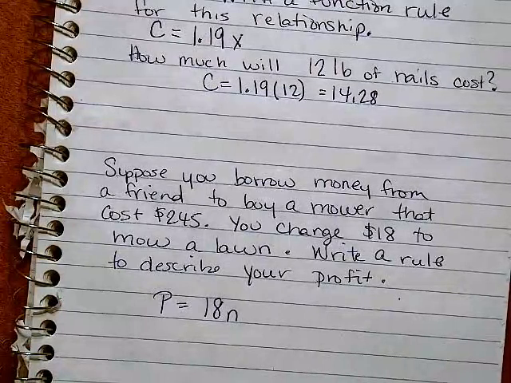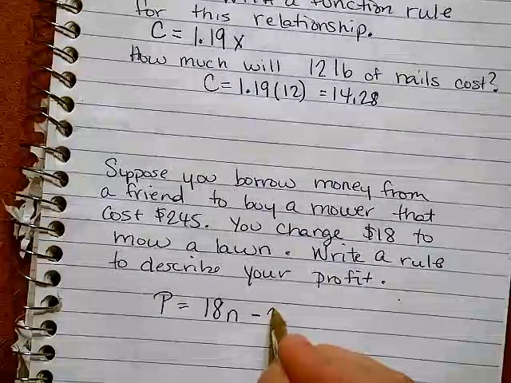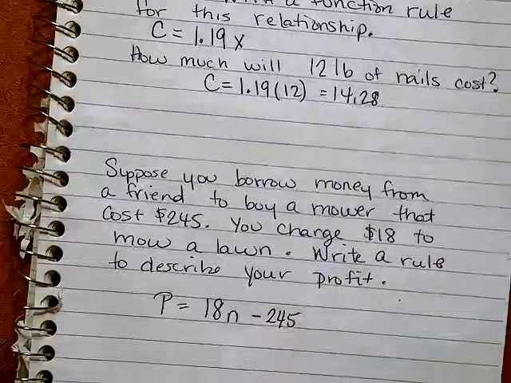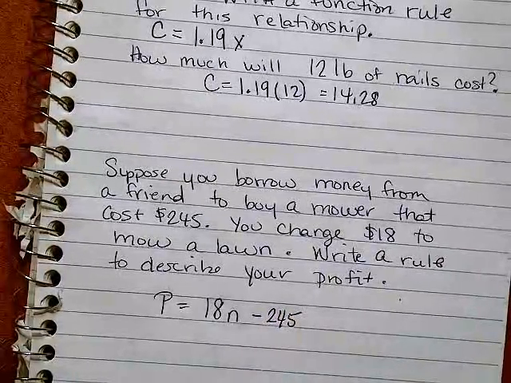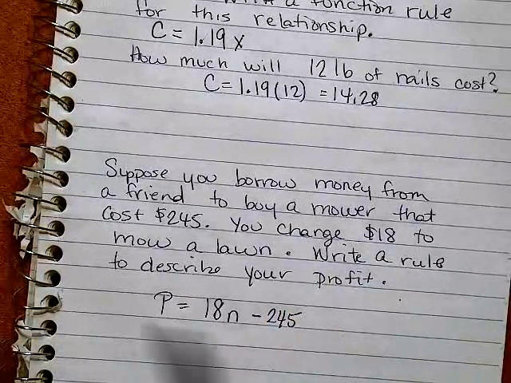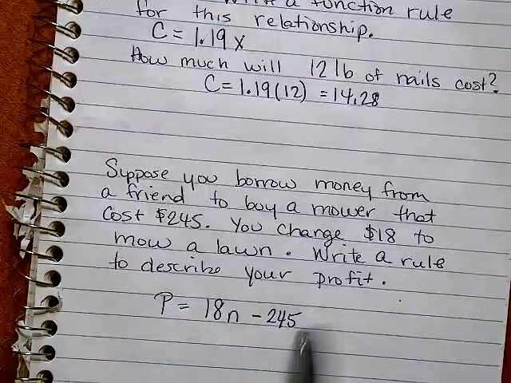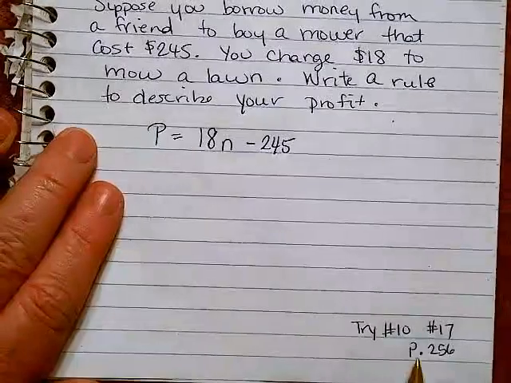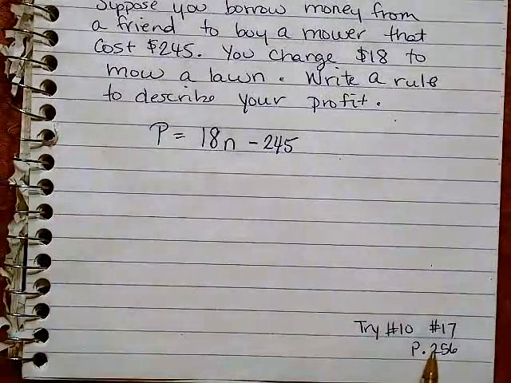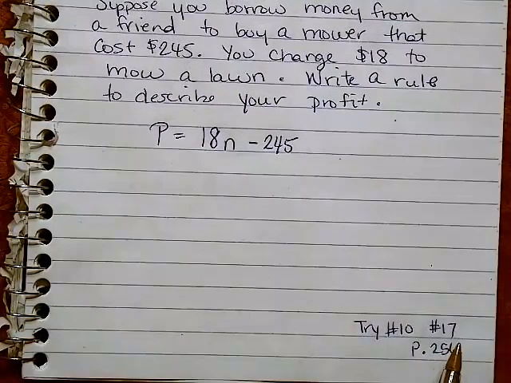That's how you're getting money. And then you're going to have to subtract the cost of the mower. Okay? So after you pay for the mower, then you start making a profit. So 18 times the number of lawns minus the price of the mower. I want you to try number 10 and number 17 on page 256.